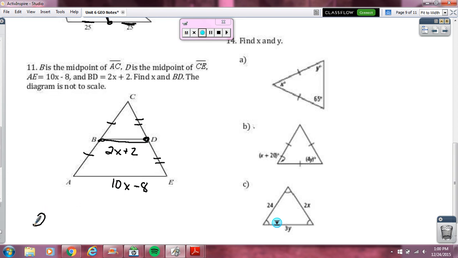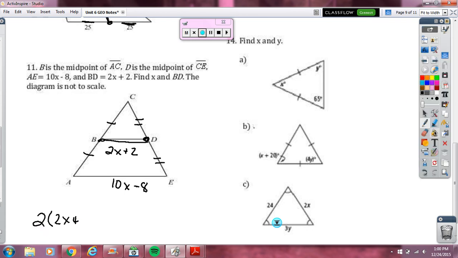So if I take 2x plus 2, or 2 of these sizes of BD, then that would be 10x minus 8.